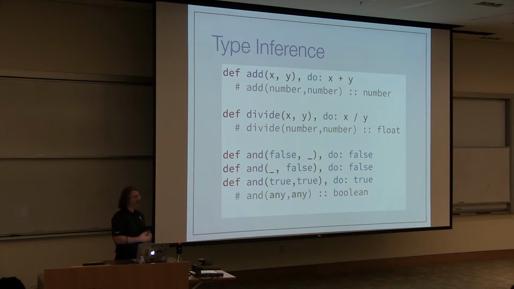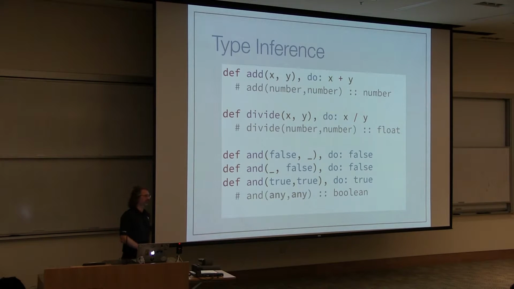Well, the problem is the way we define these functions is that we're saying false and anything else evaluates to false. So we could say false and the number 42, that returns false. Or you could say false and the string Joe and false also returns false. So since we're allowed to legally pass in those values to this function, Dialyzer has no recourse but to say the type is any.